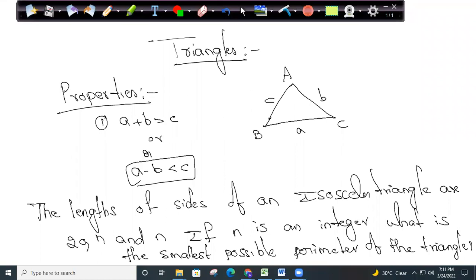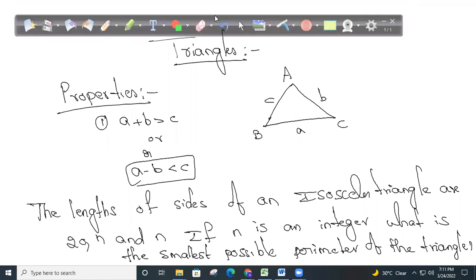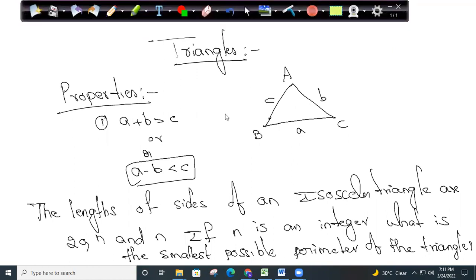Good. Very good. Perfect. The lengths of the sides of an isosceles triangle are 20, n, and n.